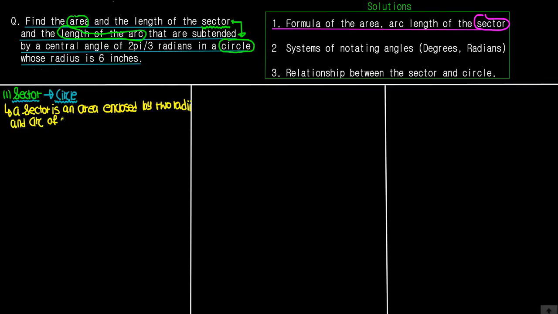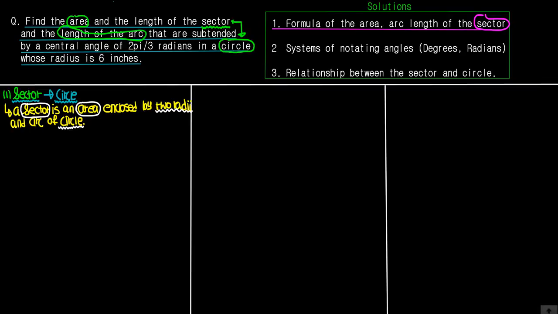So there are 3 things that we need to know between our circle and the sector in order to think about the definition. As we can see, the sector has a special relationship with the circle. The sector is an area enclosed by 2 radii.